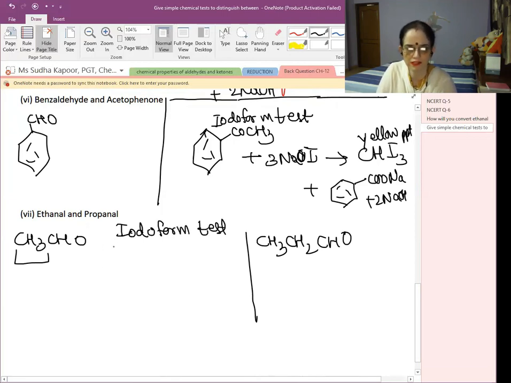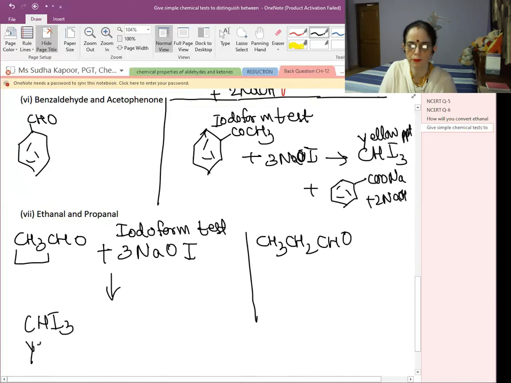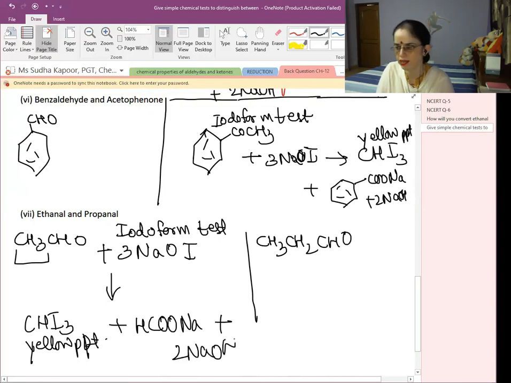So till now you must have learned that for the iodoform we will have to be adding the 3NaOI, the sodium hypohalite, to it, and the product obtained is the methyl part is converted into the yellow PPT of iodoform, along with the formation of the remaining HCOONa, along with the formation of 2 parts of NaOH.